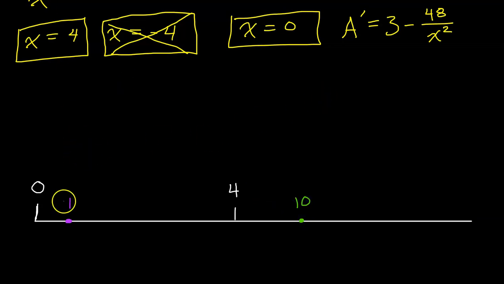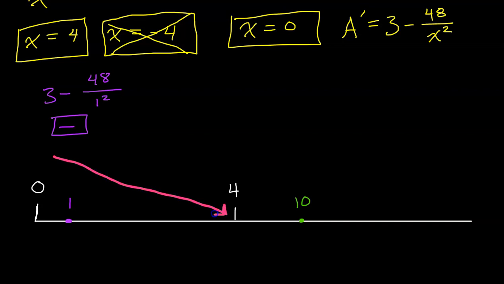All right, so if we evaluate the first derivative at 1, that's going to be 3 minus 48 over 1 squared. So that'll just be 3 minus 48, and all we care about is, hey, that's a negative number. That means that the original function will be decreasing in this interval.